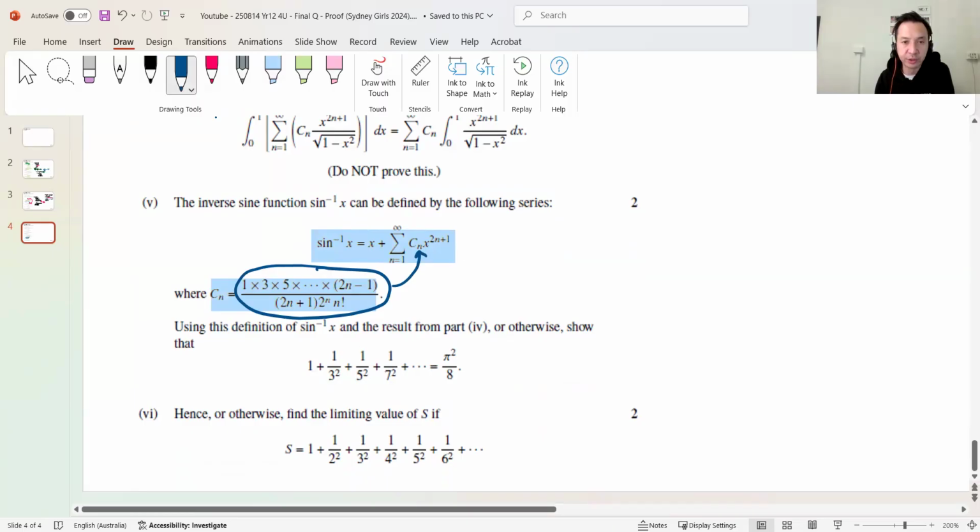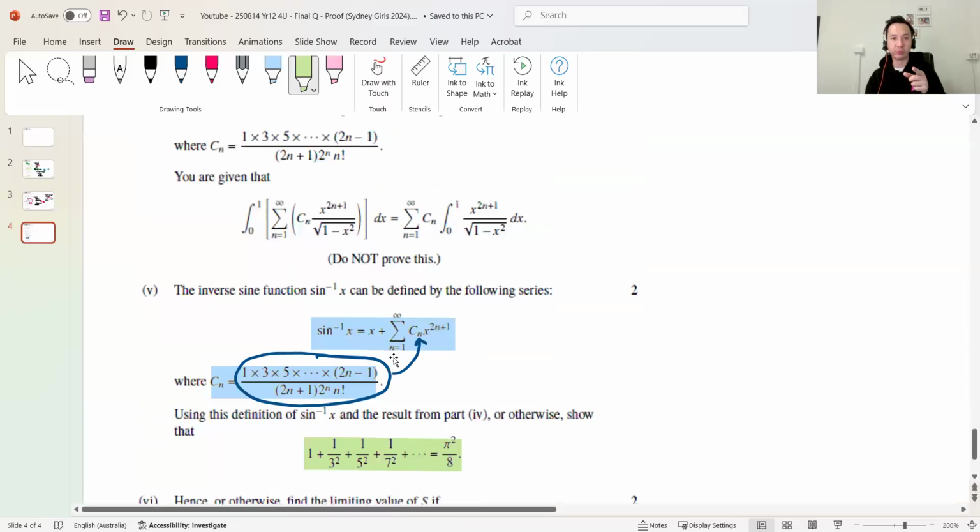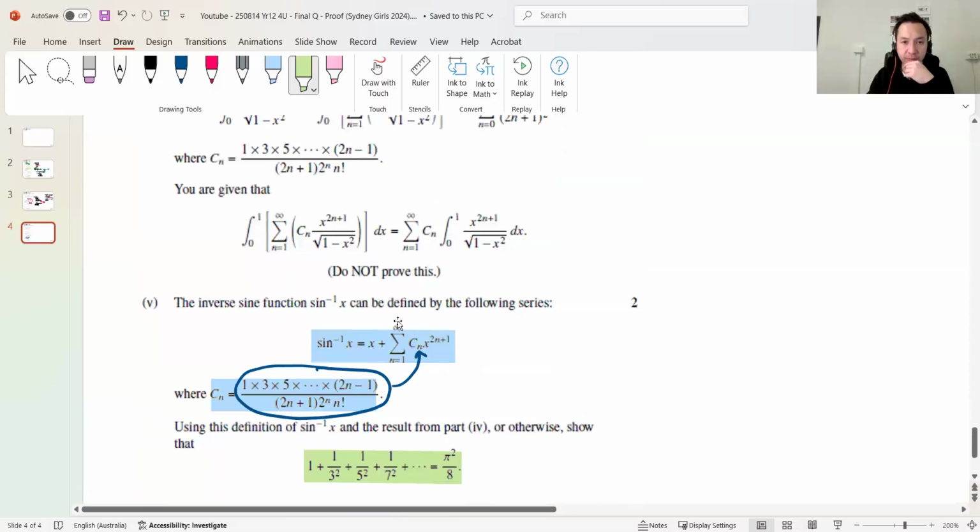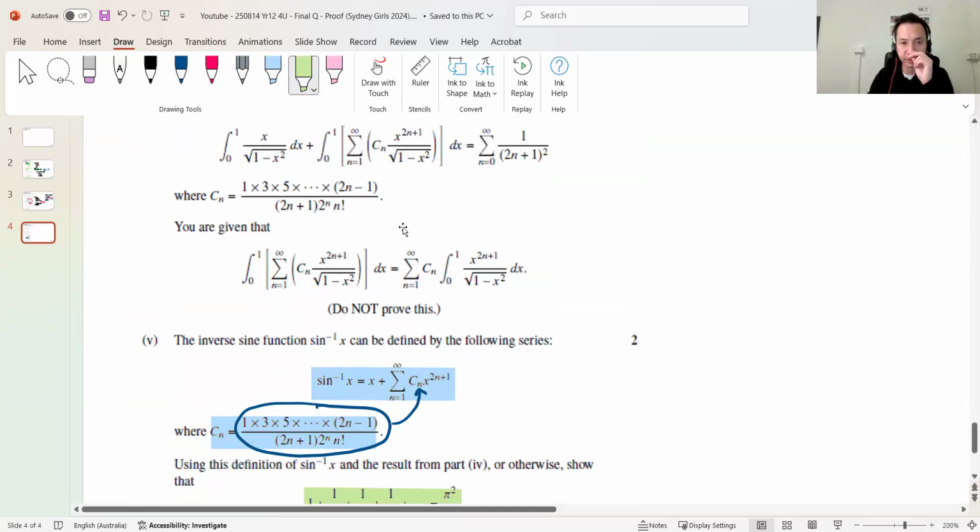Use this definition, show that. It feels like maybe I'll integrate both sides by 1, and then I'll use the expression from 1 to infinity. That's this one here. So let me see. I think I'll just integrate both sides. Let me just have a look.